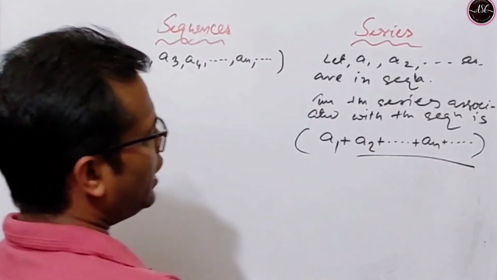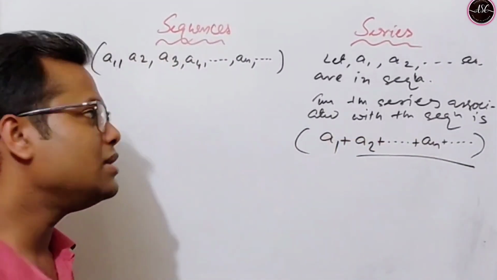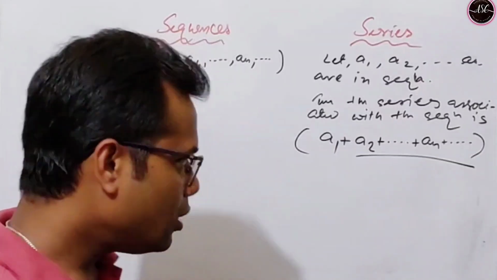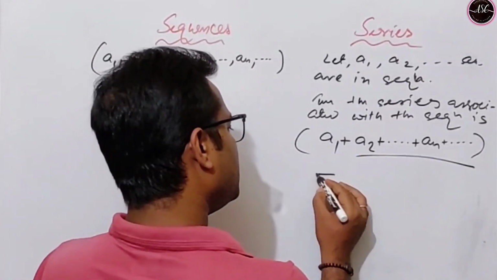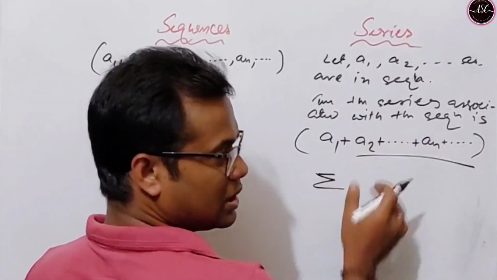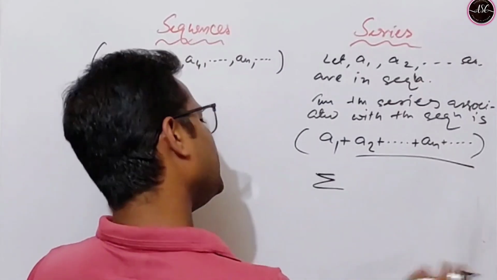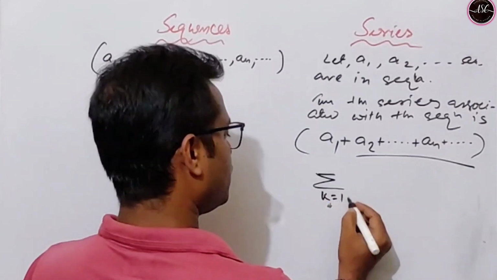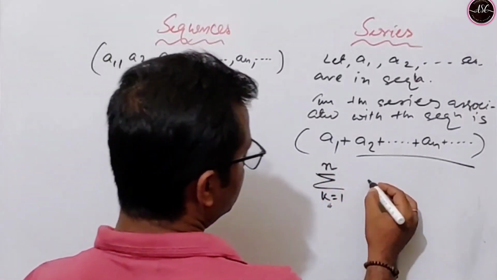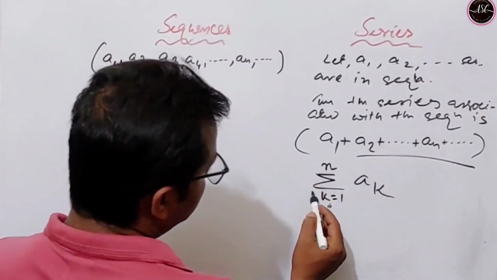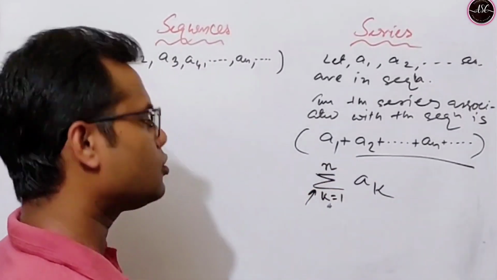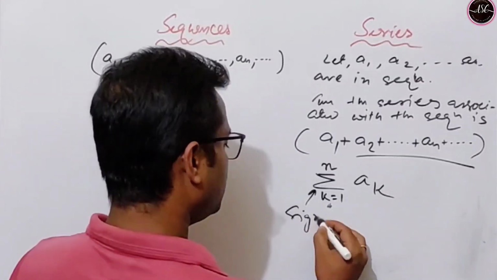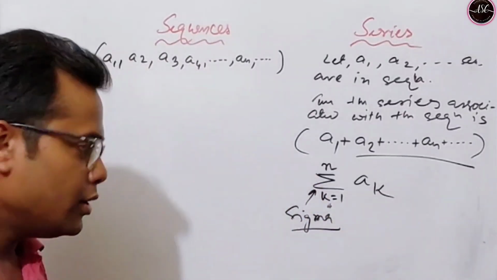If we write the terms like this, then this is called a series. This series can be written with this sign. This sign is called sigma.